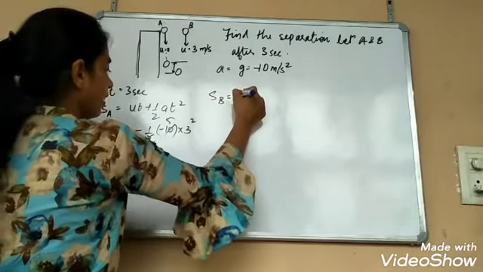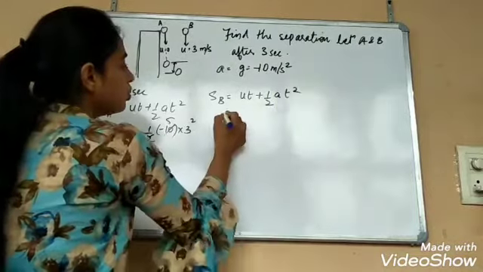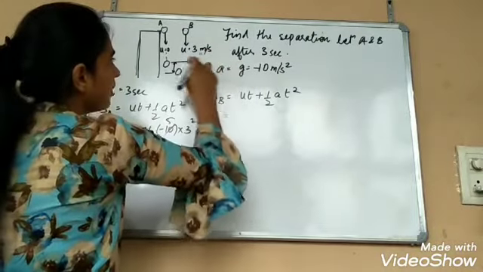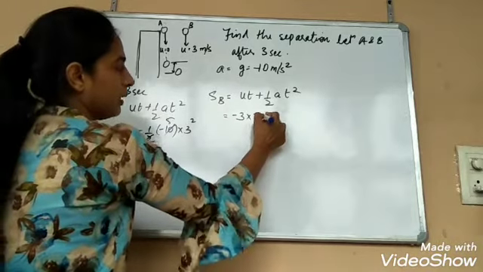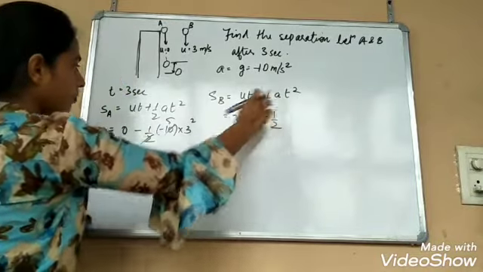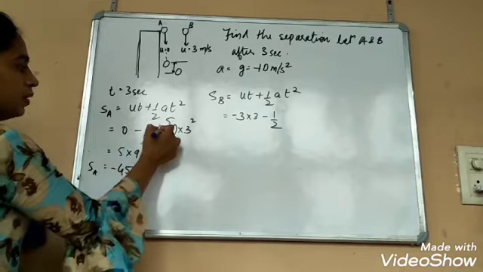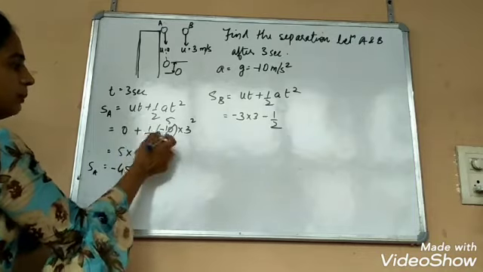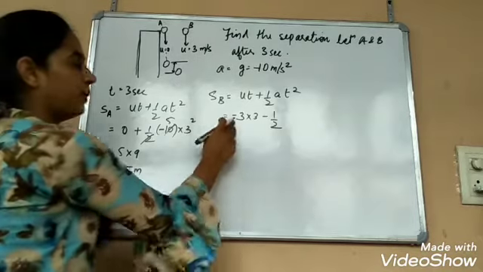SB also you can find out in the same way, ut plus half at square. So u for B is equal to minus 3, into time given 3, plus half, this would have been plus, minus 10, into t square. So plus minus minus, that's why you're getting minus 45 meter.